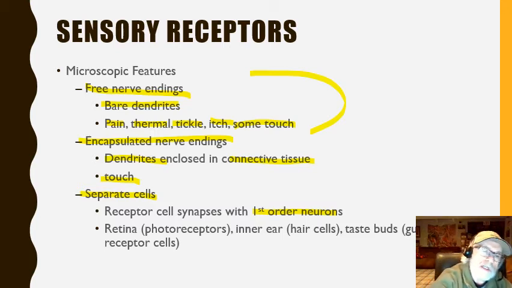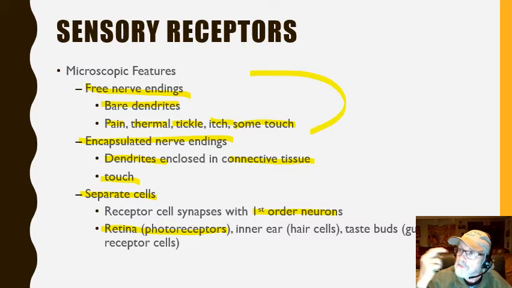This is what we see in the eye, in the retina, which we call photoreceptors. On the back of the eye, there are receptors that detect chemical changes. Light hitting the back of the retina causes a chemical change, which then signals a first order neuron to send a signal back to the back part of my brain, the occipital lobe, where my vision centers are, so I can interpret that as vision.